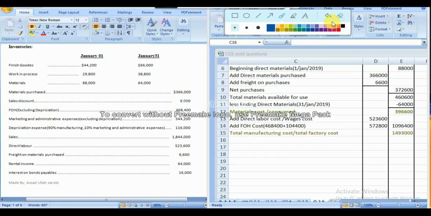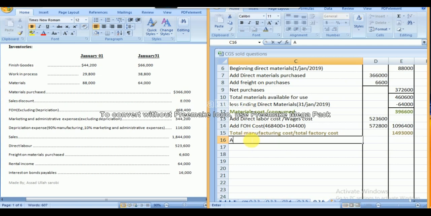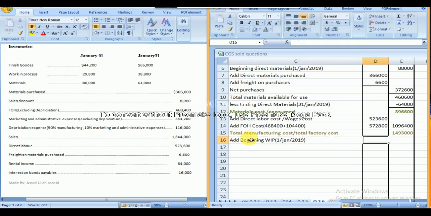So we need to add those with these 14,93,000. So add beginning work in process. Beginning work in process means on 1st of January 2019. And it means that this is the remaining work in process of the previous month. How much? 29,800.